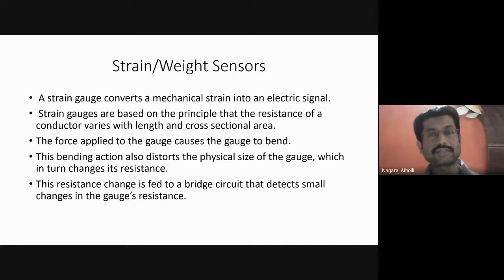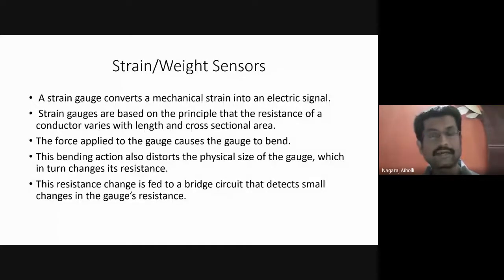As the sensor compresses or elongates, that is converted into a proportionate change in resistance. Based on how much it is expanding or compressing, that is converted into its equivalent resistance, and this resistance is measured.